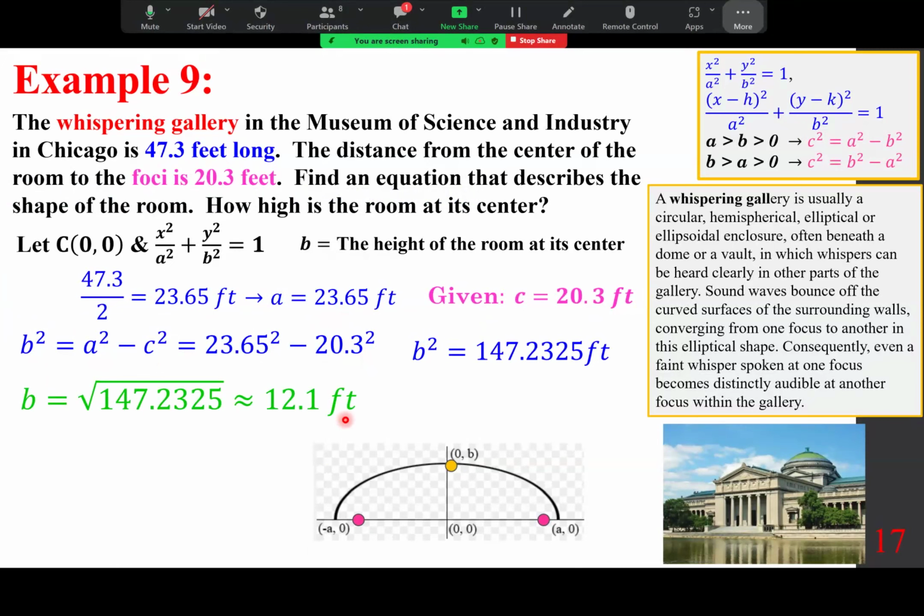The reason I go with 1 decimal in the answer: first, you use a lot of decimals in intermediate steps, and finally 1 decimal because everything has been given with 1 decimal. So if this is 12.1 feet, that means b must be that. That means the height of the room must be that.